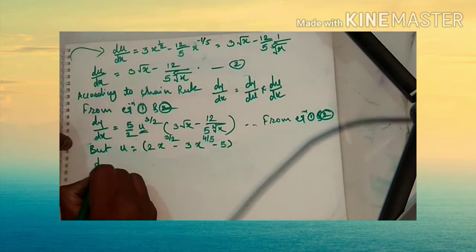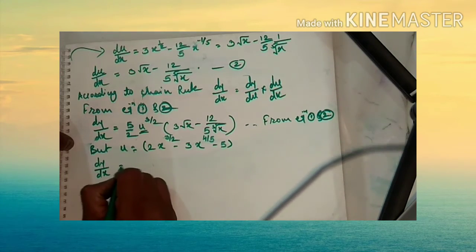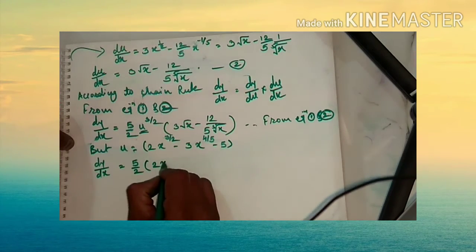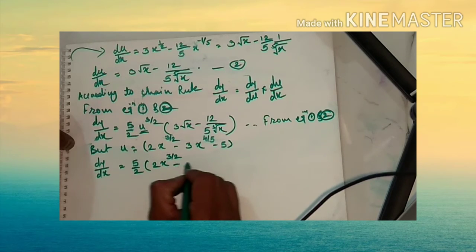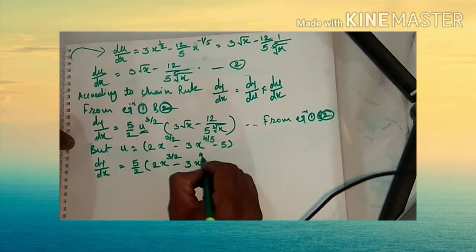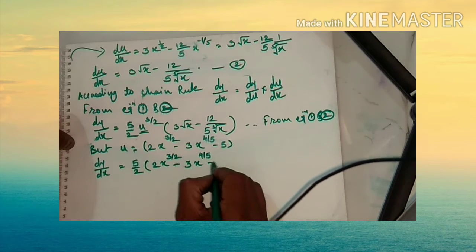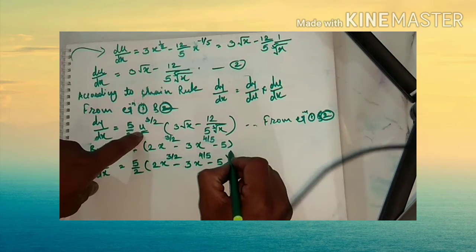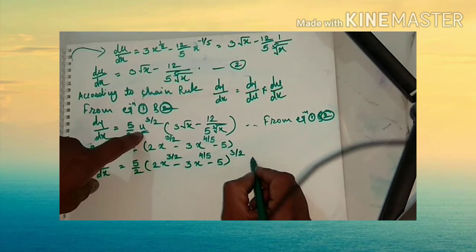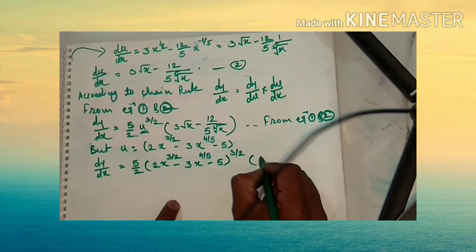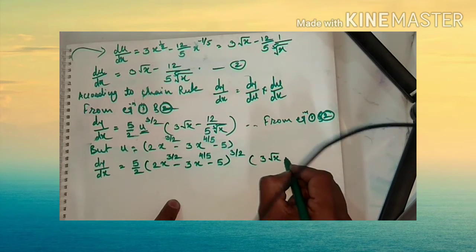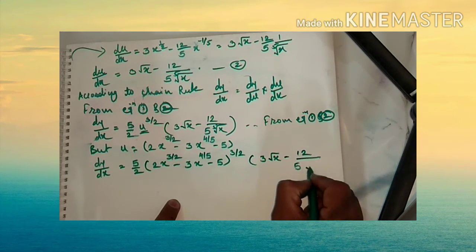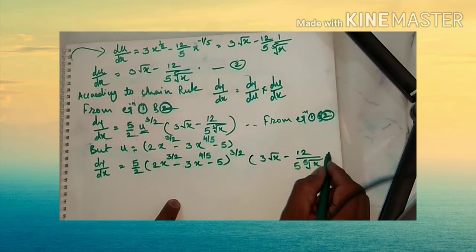So our dy by dx will become this is u, this is u, but u raised to 3 by 2 into this part also we need to consider minus 12 upon 5 fifth root of x.